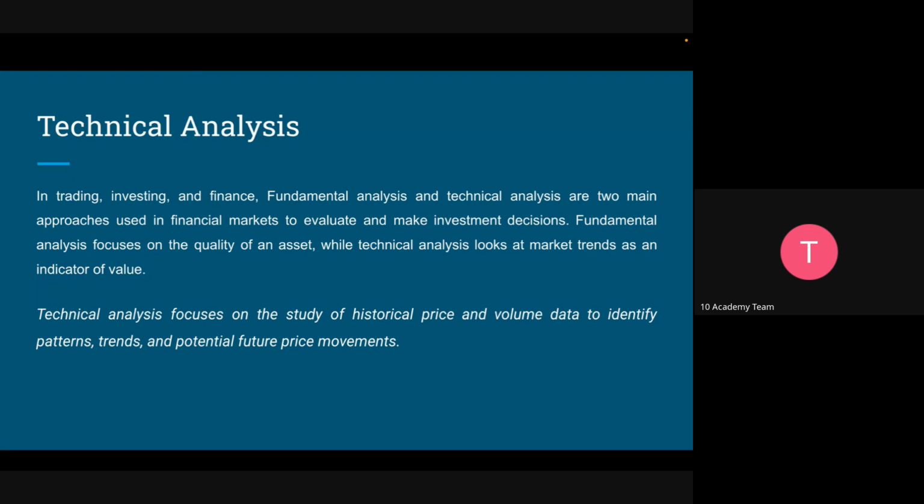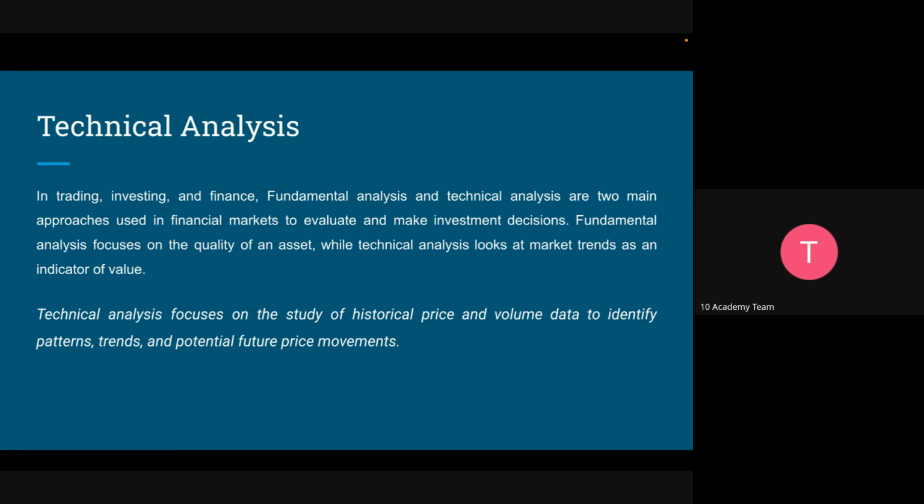Fundamental analysis focuses on the quality of the asset, which is what most banks do. They focus on how good your asset is before doing anything regarding it, it could be a loan, it could be anything. It focuses on how valuable that asset is.